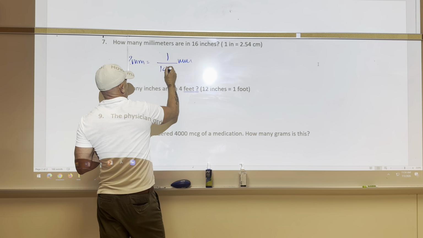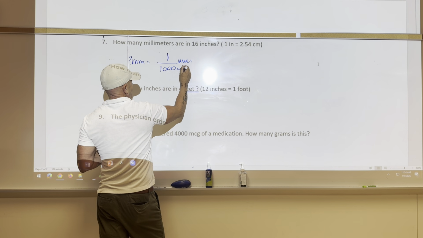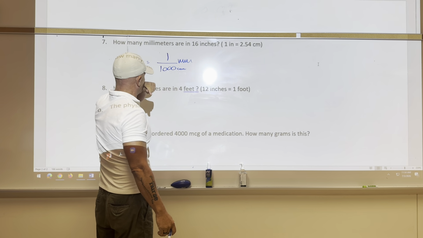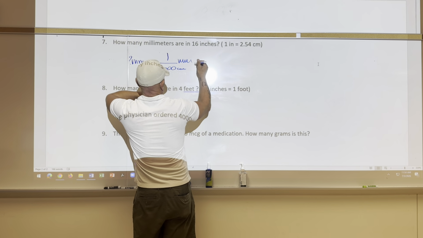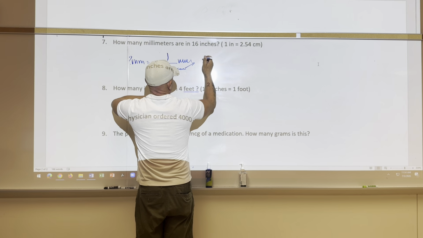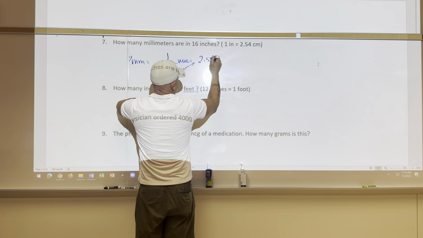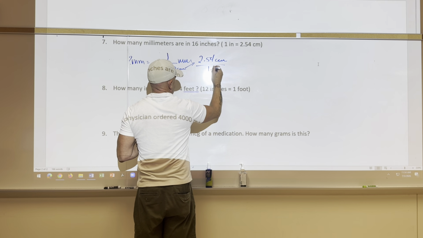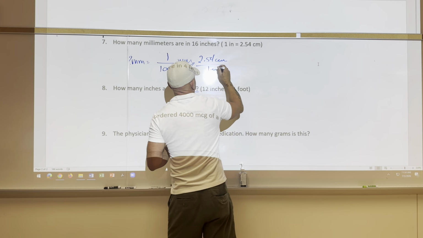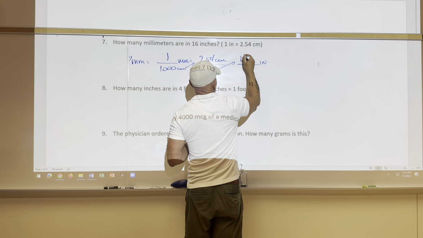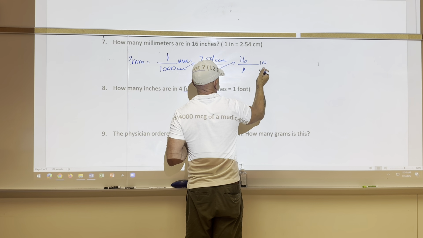equals 100 centimeters. Remember? Millimeters is down here, so we move the decimal over. Now we got to bring the centimeters up to 2.54 centimeters over 1 inch. Well, we're going to move the inches up, so we put inches here: 16 inches over x.